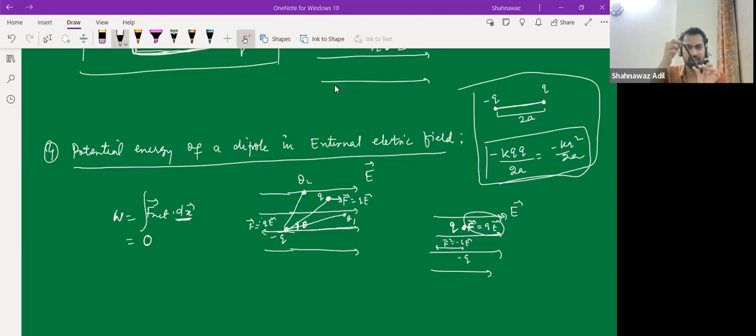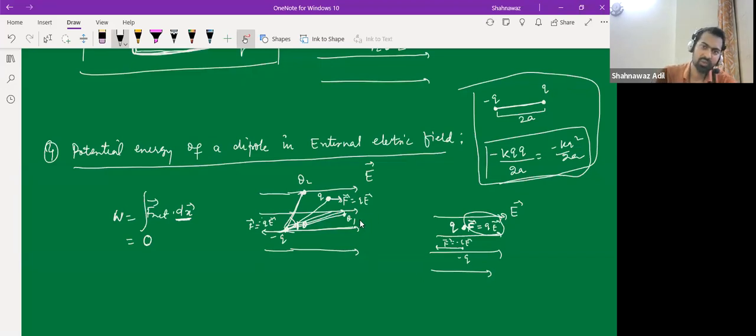But this force is making some rotational force, so your theta is changing. Let's say this was theta, and this theta has been changed to this theta. So due to the angular displacement, there would be some work done.